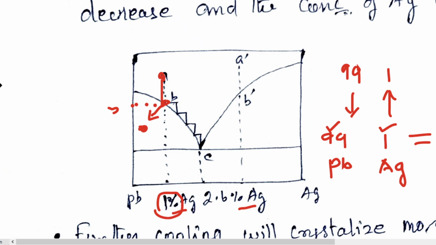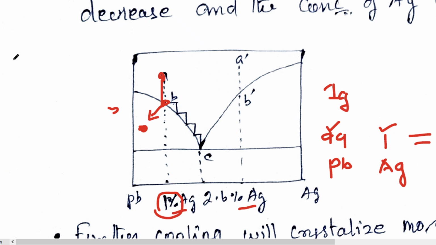Now, what happens when lead gets precipitated at this point? Let me take that 1 gram is precipitated. For example, 1 gram is precipitated.